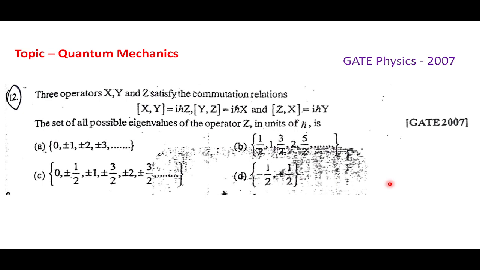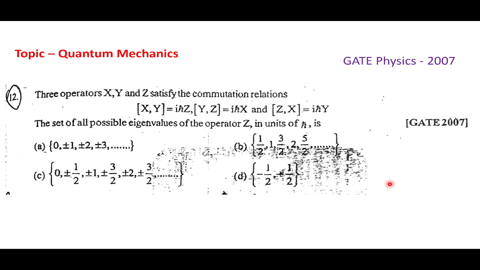So by identifying the X, Y, Z, so LX, LY and LZ, I guess. See, there is possibility of three operators. One can be LX, it can be SX, right? Also your J, total angular momentum.